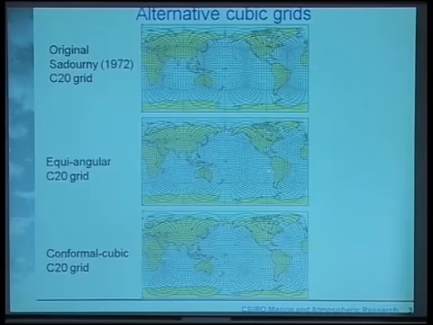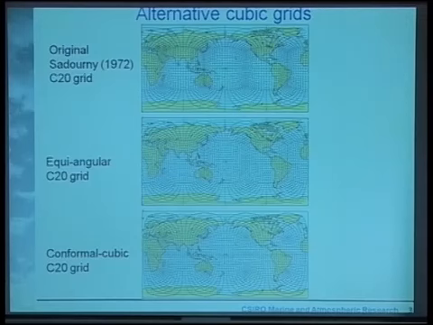However, I started off with this sort of grid, doing semi-Lagrange advection study and so on. And back in '96 at the Andre Robert meeting in Montreal, Jim Purser pointed out, well, there's actually a conformal version of that grid. Why don't you do that? So I used that for 10 or 15 years, and it works well.